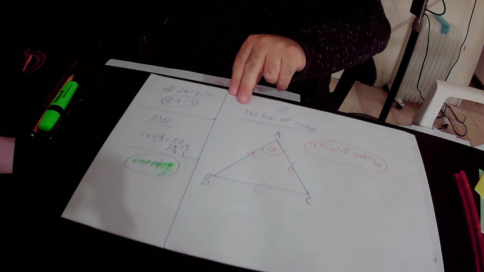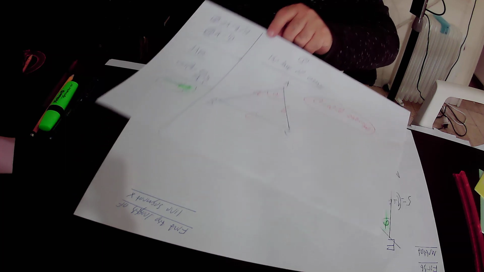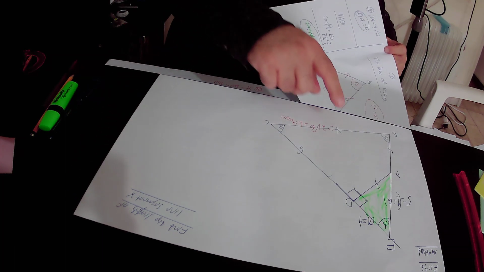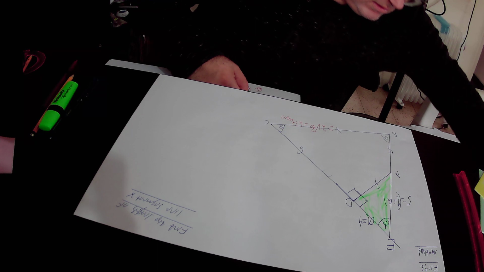Okay, so we implemented the law of cosines in our triangle, triangle EBC.